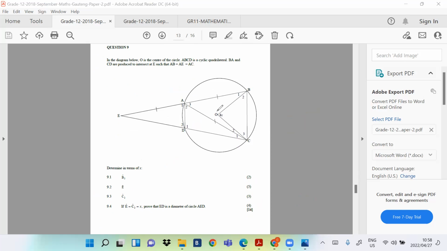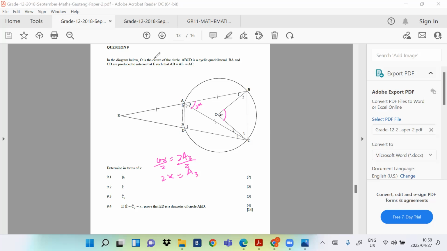That the angle at the center is twice the angle at the circumference. This angle at the center is twice this one. So 4x is 2 times a3. Then what will be a3? Divide by 2. So 2x will be a3. Okay, so this is 2x.